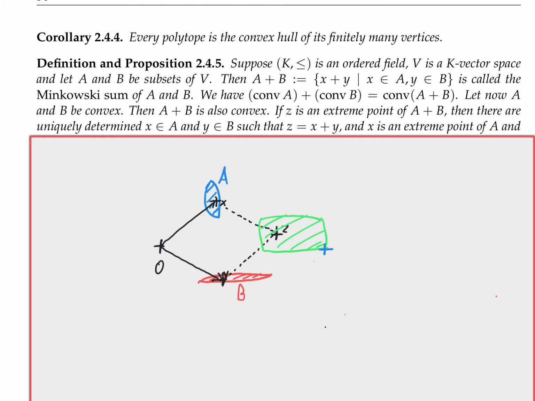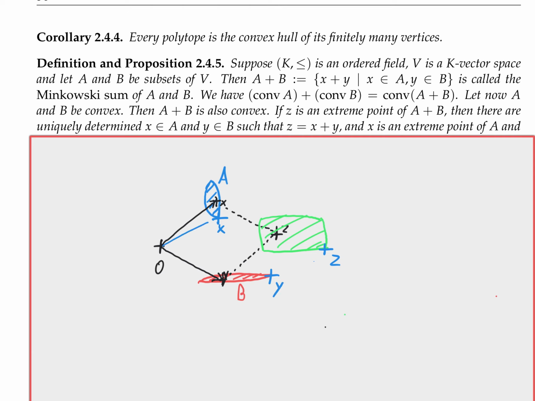How could that arise? Well, that could arise only by taking here an extreme point x from A, and an extreme point y from B, right?